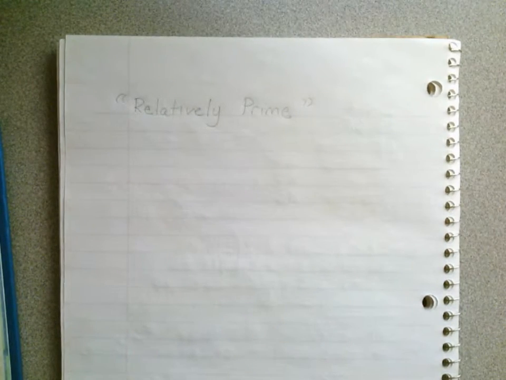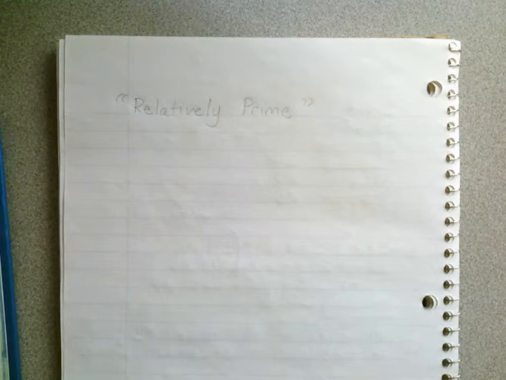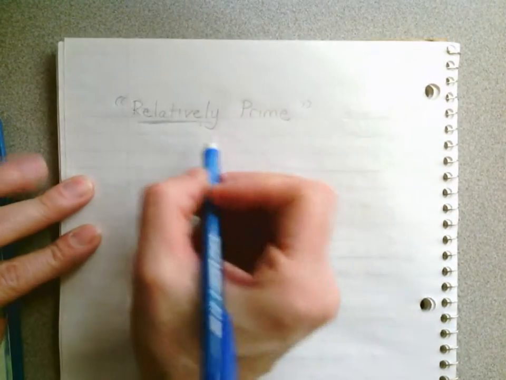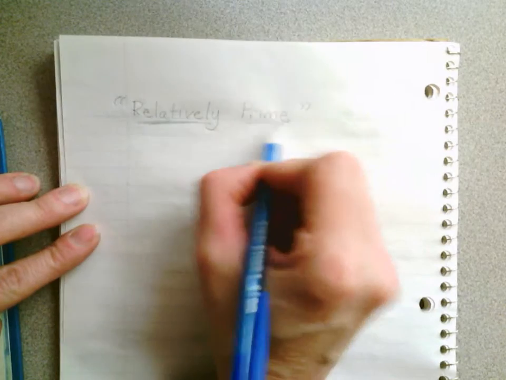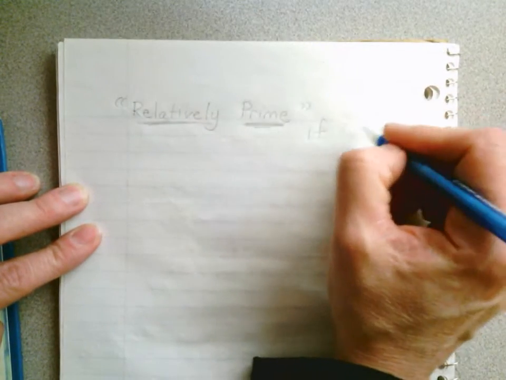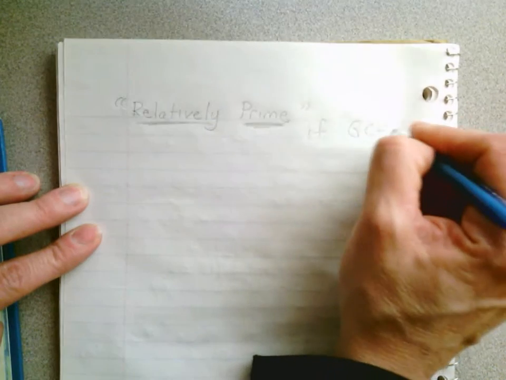Relatives are things that are related to one another. Okay? However, numbers are said to be relatively, as in related in a way, prime if their greatest common factor is a 1.